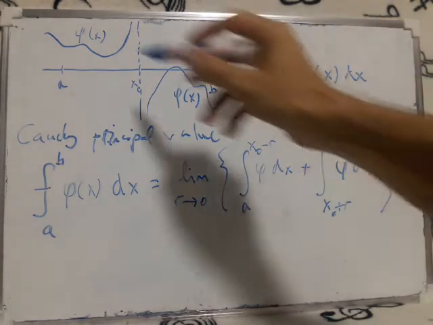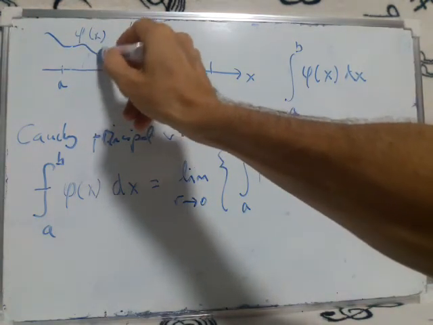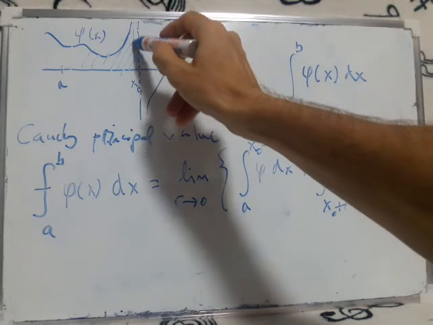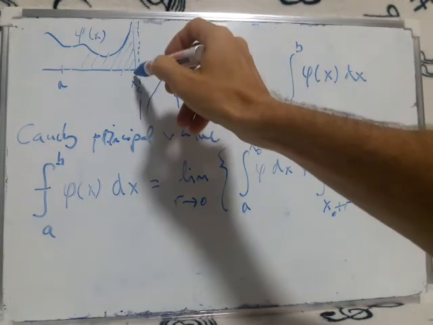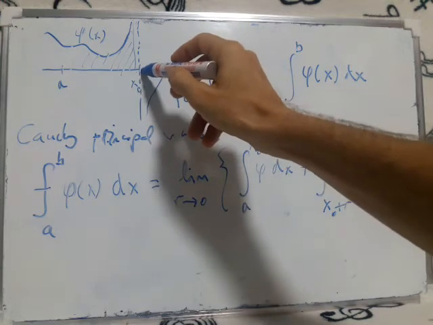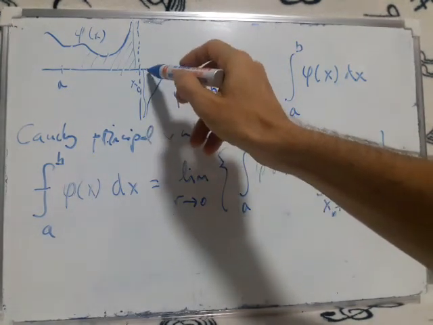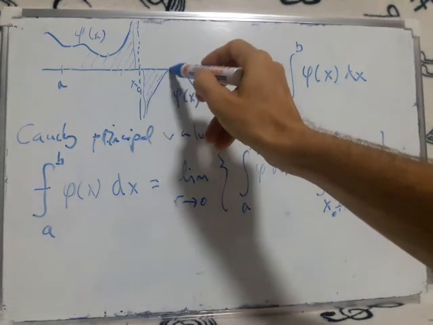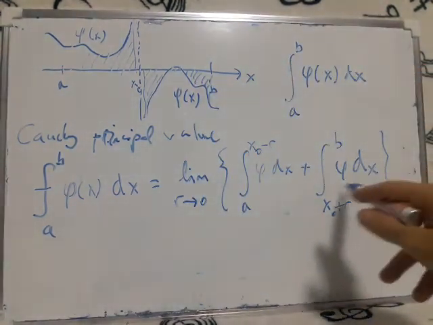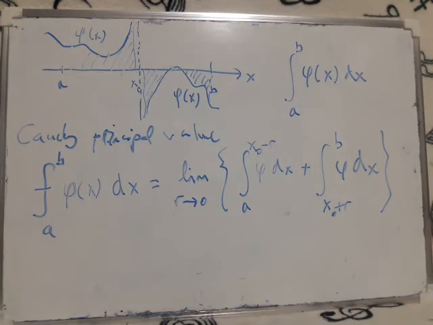So basically, these two integrals separately should give no problems, because the answer is just going to be, well, this left integral is going to be the area under this curve here up to some finite value, and we're assuming there's no problem up to this r, and then for the other side it's going to be basically the area under the curve up to b. It will be a finite number as well.